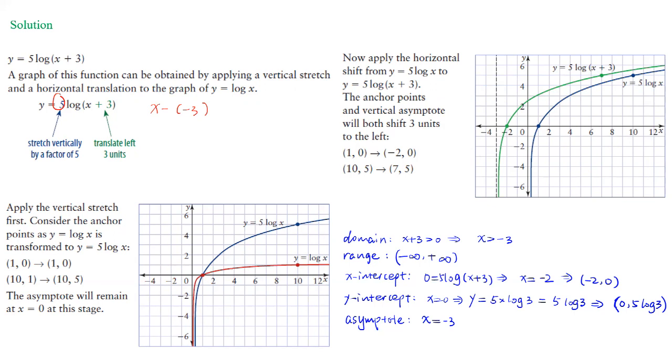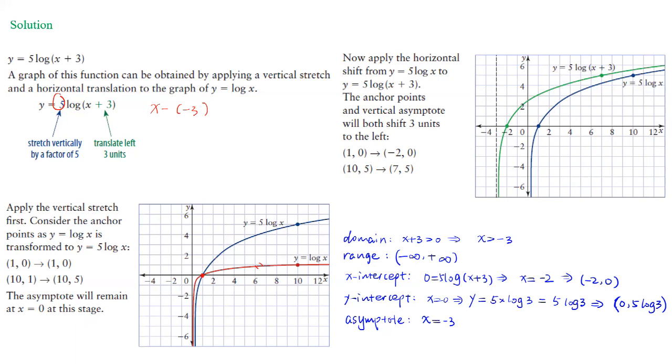The original graph is the red curve, which is y equals log base 10 of x. And then if we stretch vertically by a factor of 5, the new graph also crosses the point (1, 0). This does not change, right?